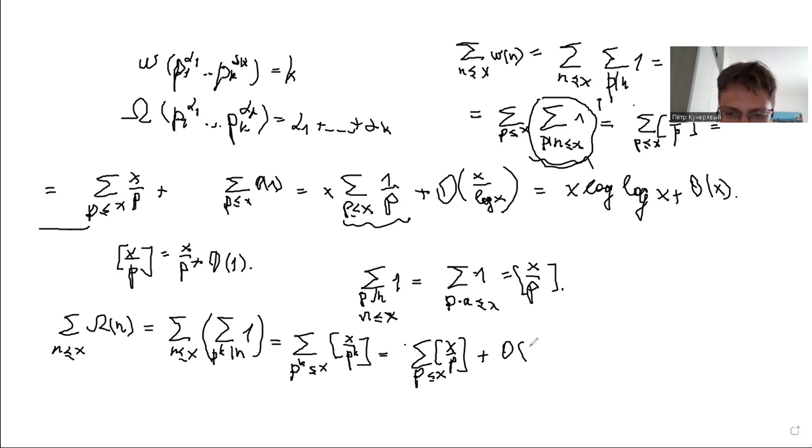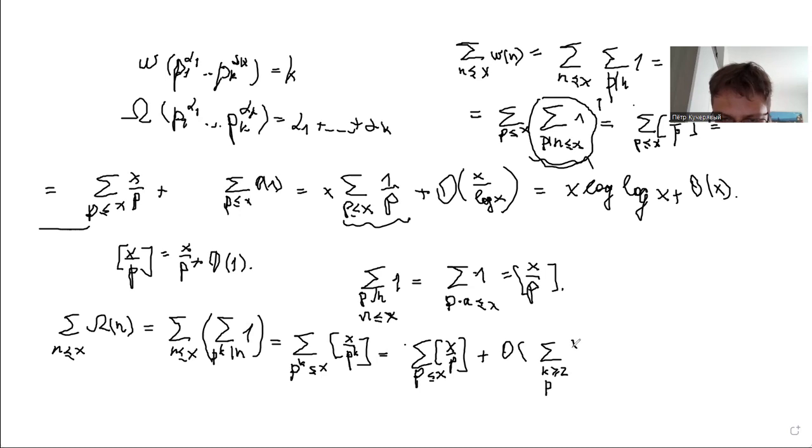I can say it in such a way. This is big O of the sum over k, in our case bigger than 1, and I sum over all primes, I just drop this condition.